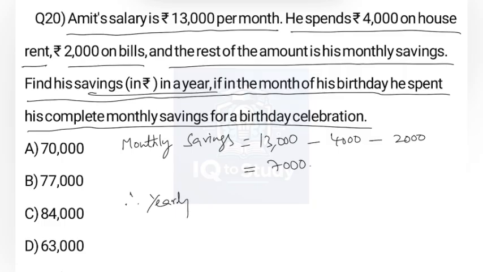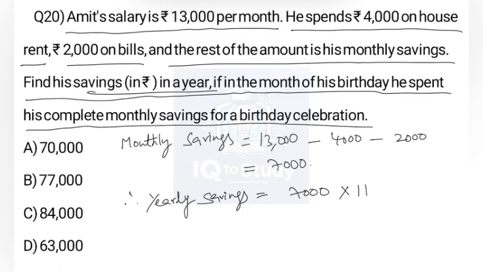Therefore, yearly savings is equal to 7,000 into 11, because we are leaving a month, because in 1 month he spent his complete monthly savings for birthday.